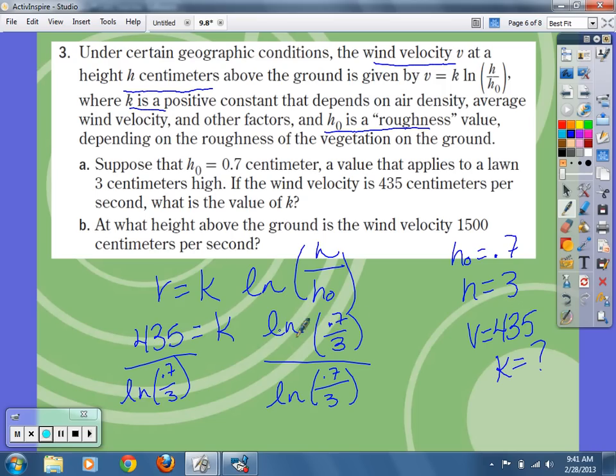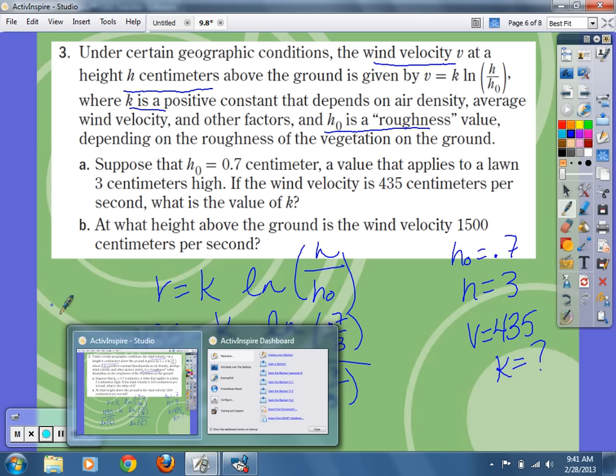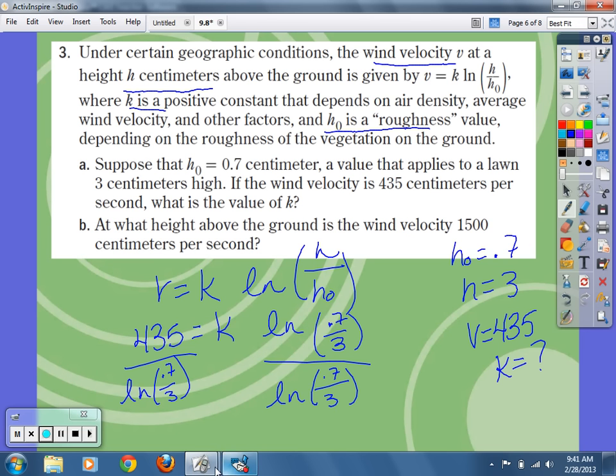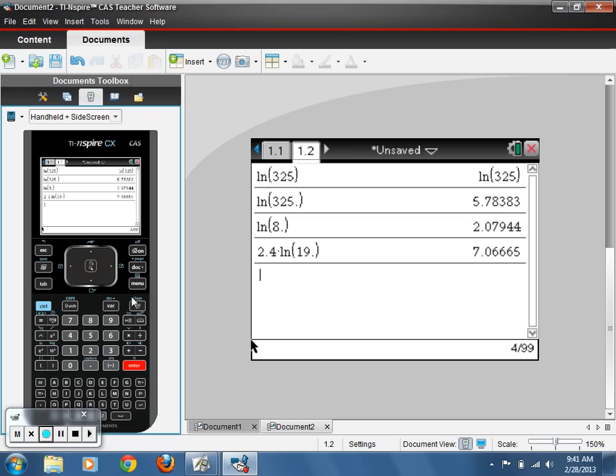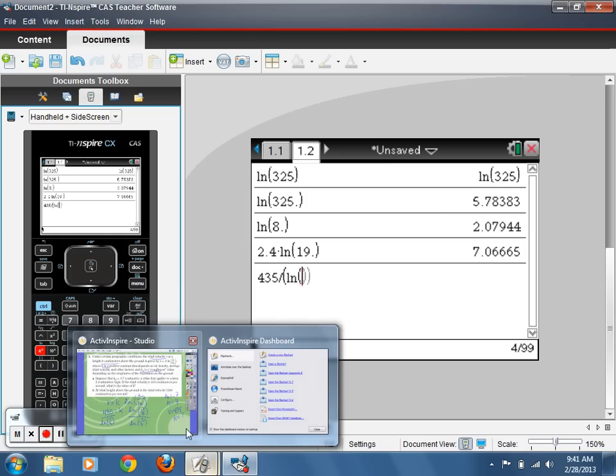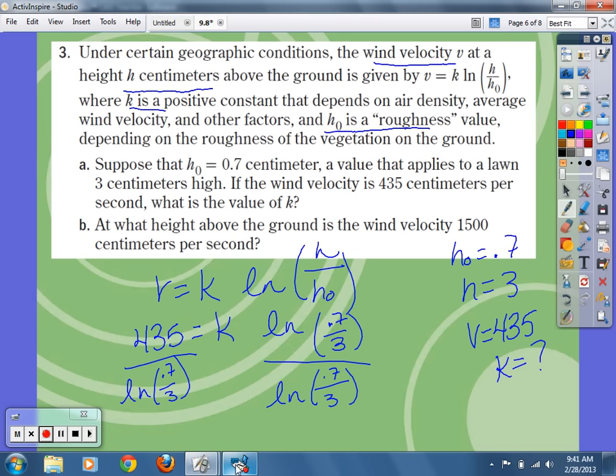But if you do get a decimal approximation, really take those decimals out so we don't lose much in the accuracy. Where's my calculator? Here it is. 435 divided by natural log of, what was it, 0.7 over 3.